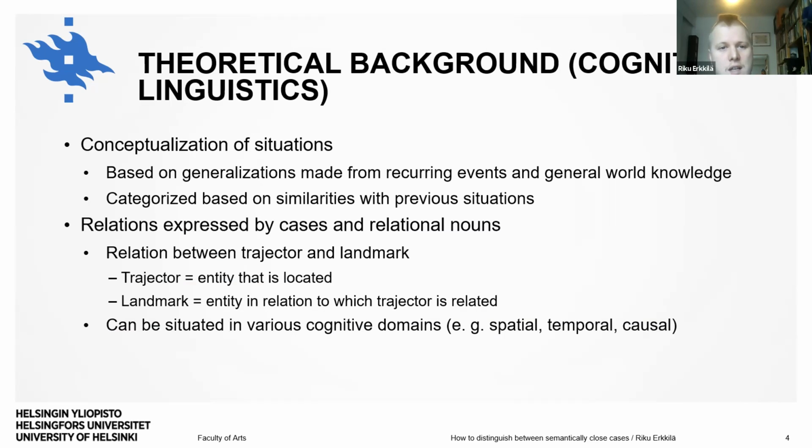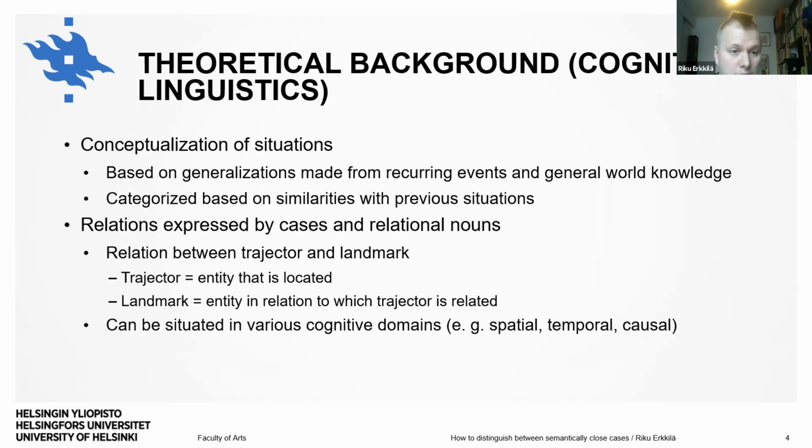And these conceptualizations are categorized based on differences and similarities between previous examples that people have seen about different situations. And then the categorization is used to choose the right linguistic element to express the conceptualization the human sees and wants to express.